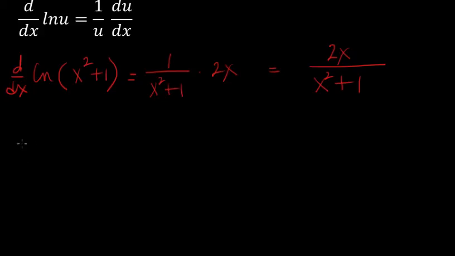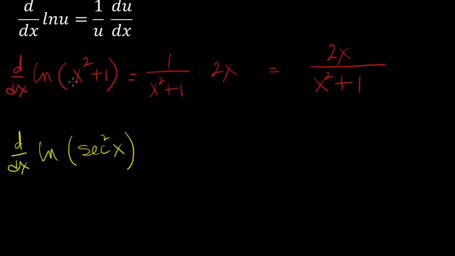Another example, let's do the derivative with respect to x of the natural log of secant squared x. Now, this has function composition with 3 functions. It's the natural log of the secant of x squared.